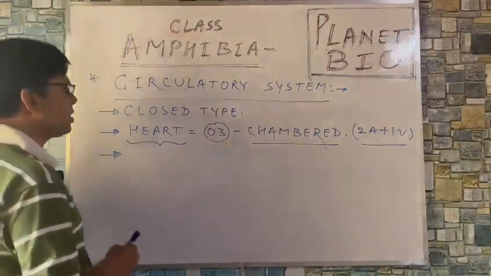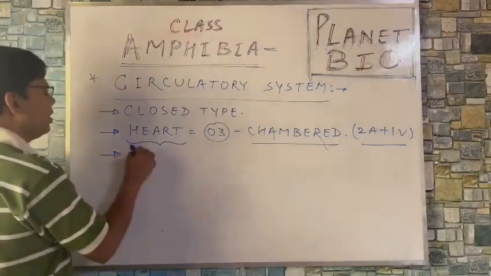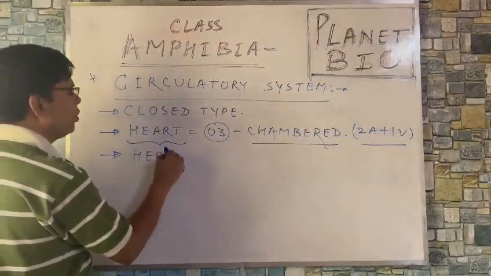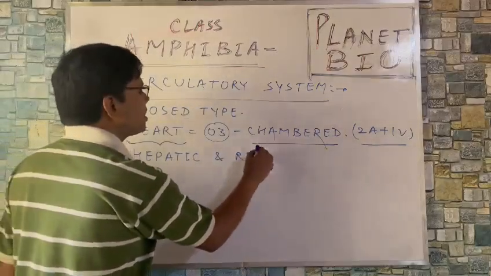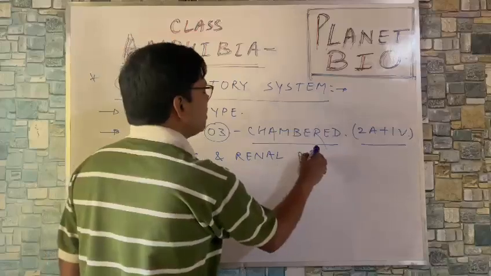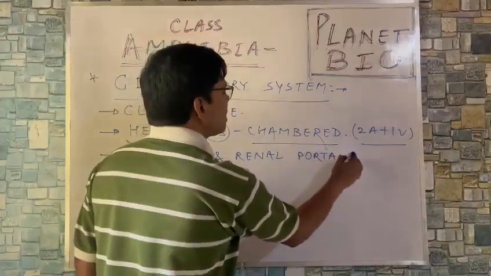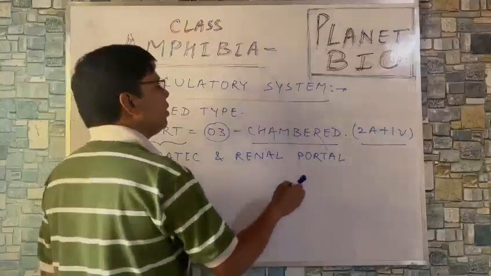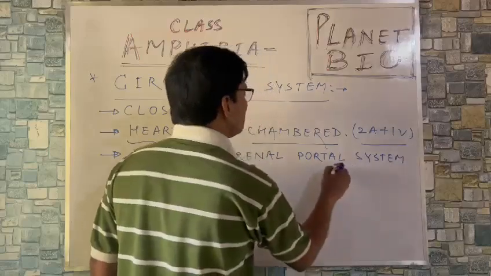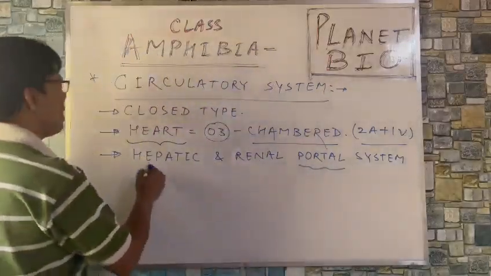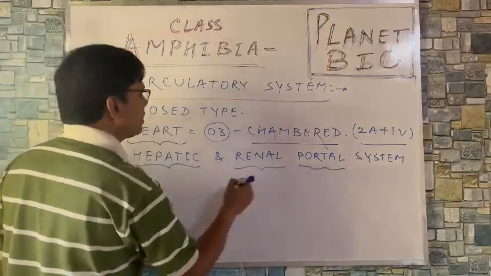One supporting system is present here, and that is the hepatic portal system and renal portal system, just for jerk-free supply to the vital organs. Portal system, hepatic and renal, both are present.